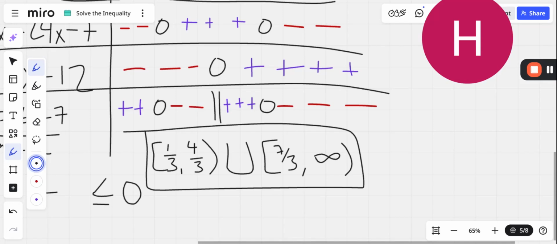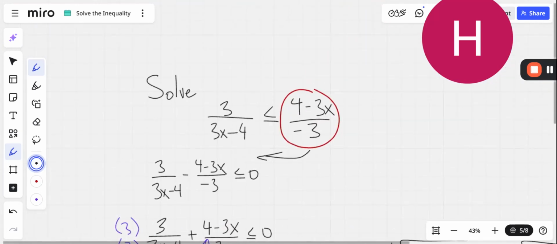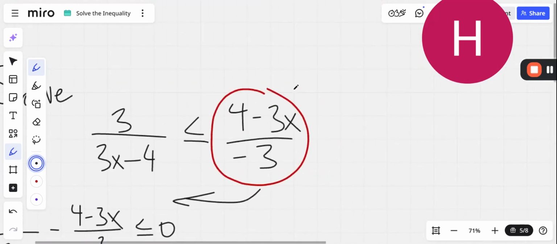There we have it. Now, a common mistake in a problem like this is to try to take the starting expression. I just want to go over this so that any students who maybe made this mistake can learn from it. You don't just want to multiply 3x minus 4 on both sides. The reason why you don't want to do that is because you don't really know when the sign needs to flip.